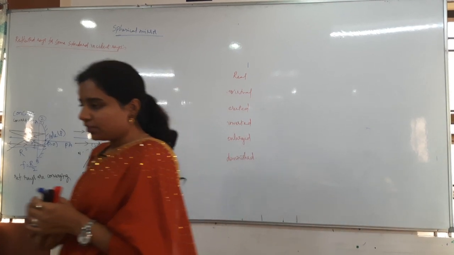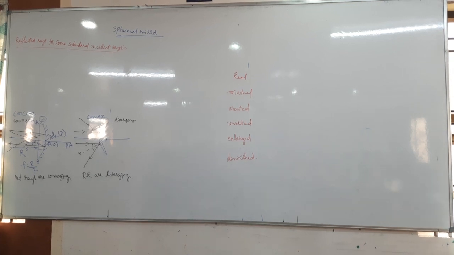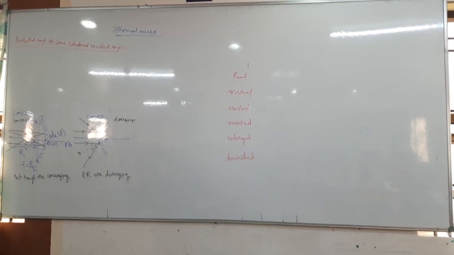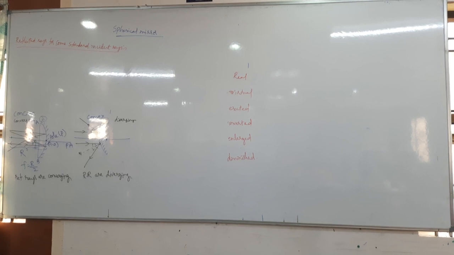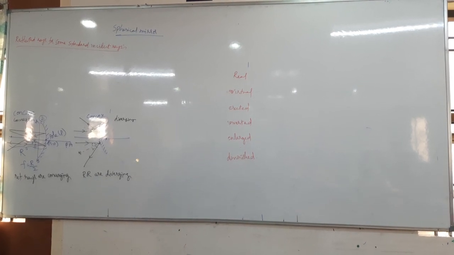First write that: natures of the images. First one is real: the intersection of real reflected rays.